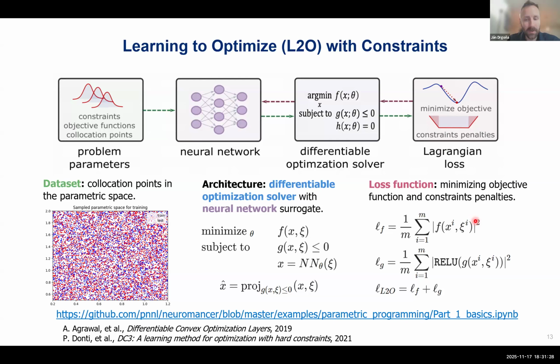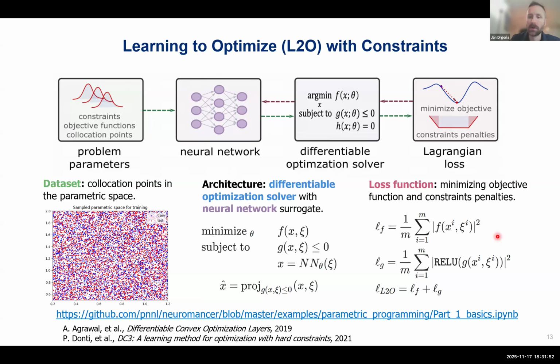We are doing empirical risk minimization on your objective function and penalties of constraint violations. In this case, I'm showing inequality constraints only, but you can treat equalities as well. So what is this? Well, this is nothing else than a penalty reformulation of the constrained optimization problem and solving it with stochastic gradient descent.